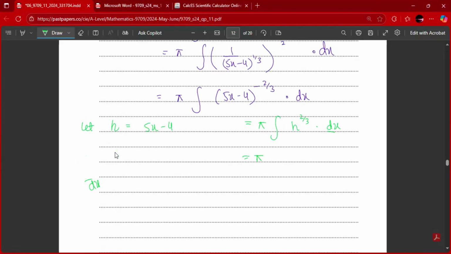Then that means if I do this similarly here, dh over dx is going to be equal to 5 only. That means my value of dx is this. Taking this here, 5 comes down. Replacing this with h as well, because it's going to be simpler for me to understand what's happening here. Into dh.